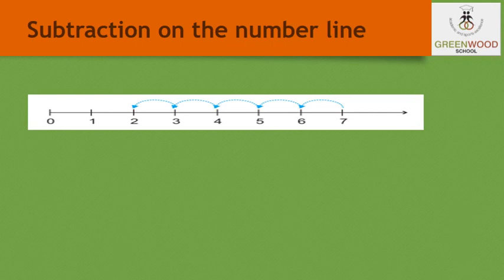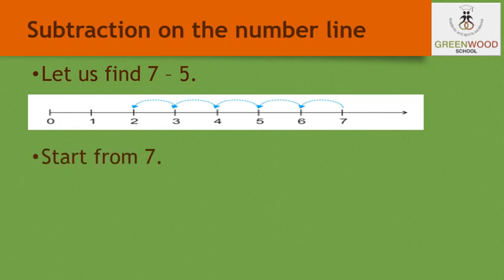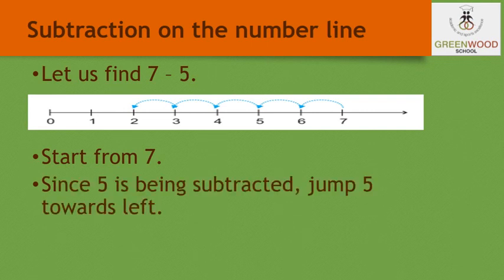Similarly, we will learn about subtraction of whole numbers using the number line. Let us understand that by an example. If we want to subtract 5 from 7, first of all, we will make the number line and place the numbers on it and we will start from 7. As we want to subtract 5, we will move to the left hand side.